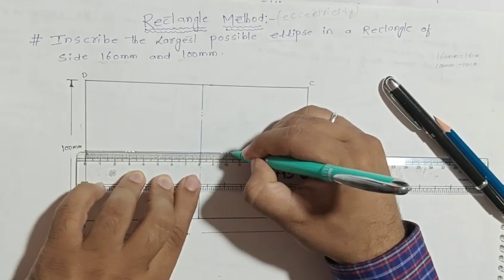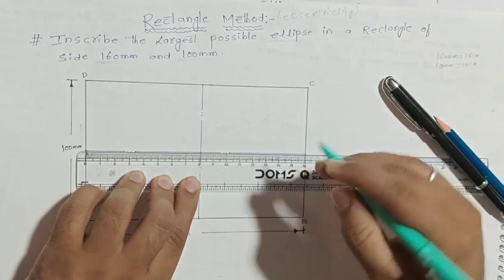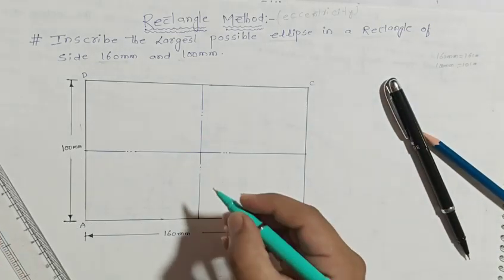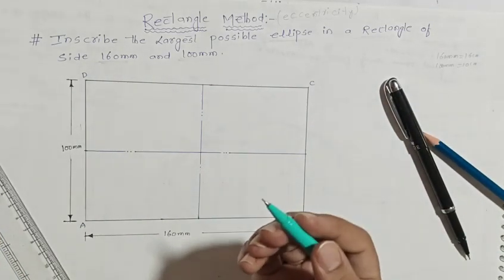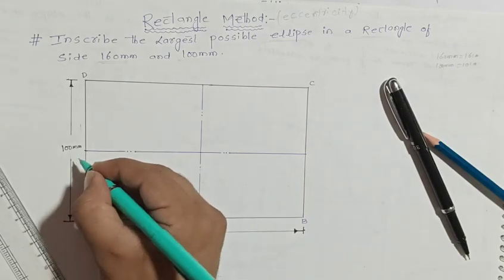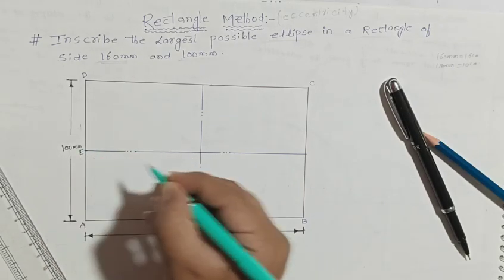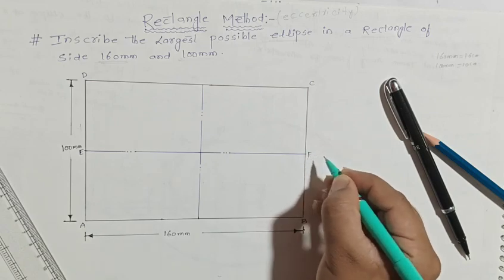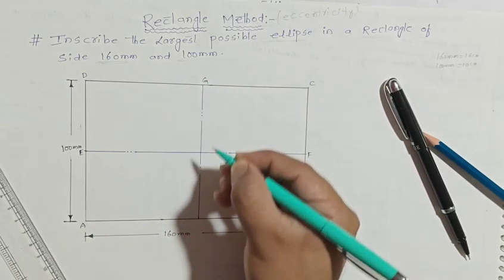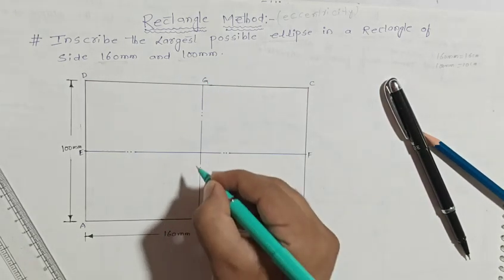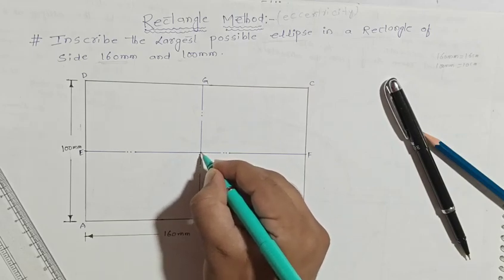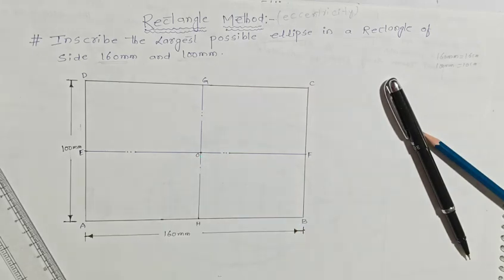Then we have to give the specific points: this is the E point, this is F point, this is G point, this is H point, and this is the origin point or center point.